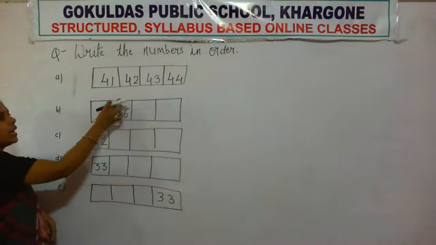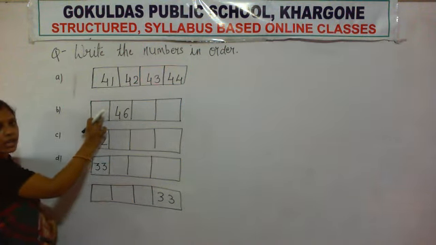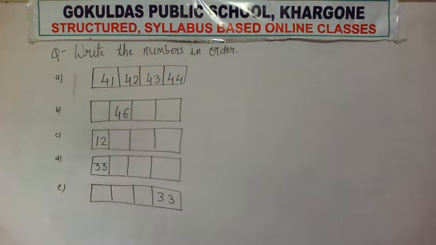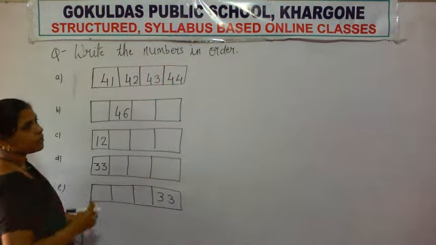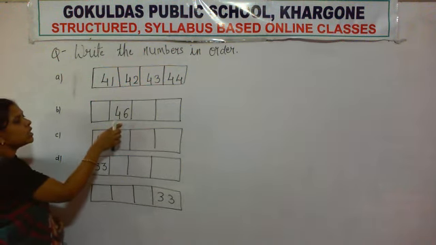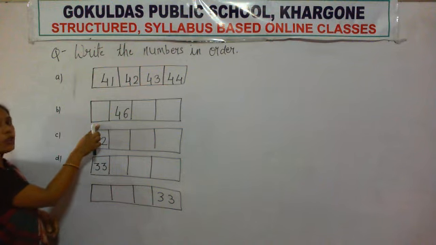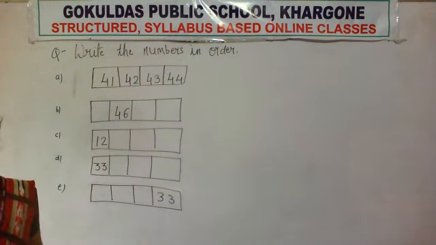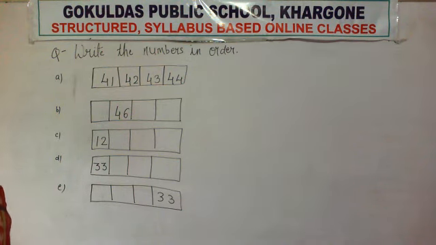The box before it is empty, so we will write the before number, one number that comes before. And if the boxes after it are empty, then we have to write its after numbers. So one box is empty before 46, that means we have to write a number that comes before 46. Which number will come before 46?